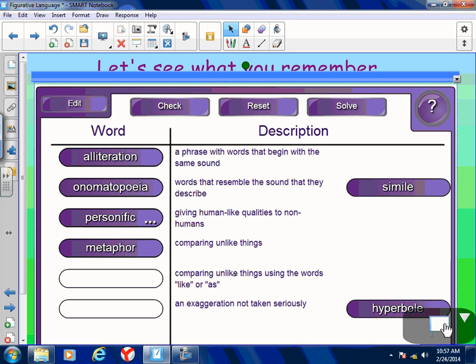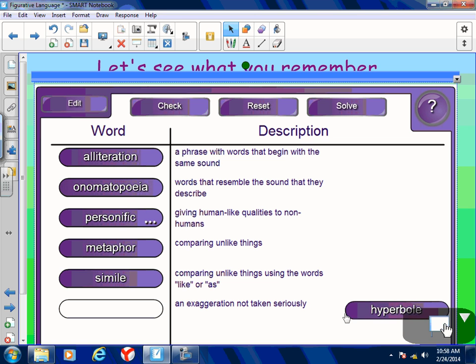And this is a simile. The last one, an exaggeration, not taking seriously. Yes, hyperbole means exaggeration. Yeah, you say too much of something. That is the revision of the concepts of figures of speech or figurative language.